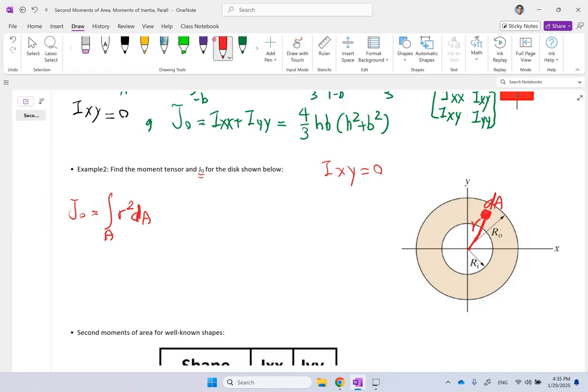In this case, your radius r should go from small ri to big ro, inner radius to the outer radius.